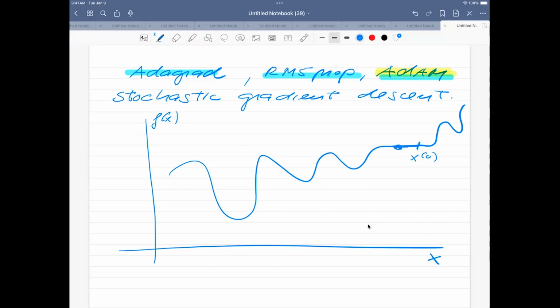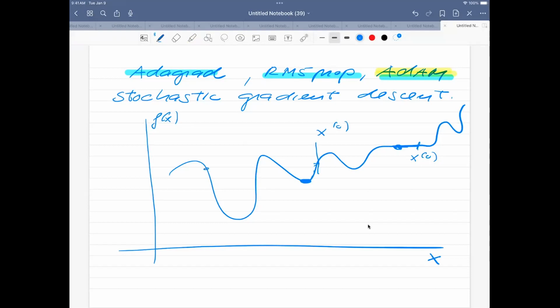Alternatively, if we start here randomly with x0 as a guess, then we may move down here and then just be stuck here. So the way we start sampling is very important. The standard gradient descent is very sensitive to that.